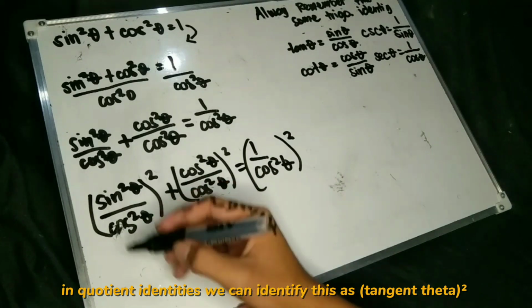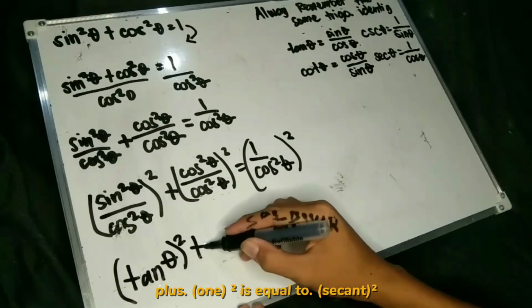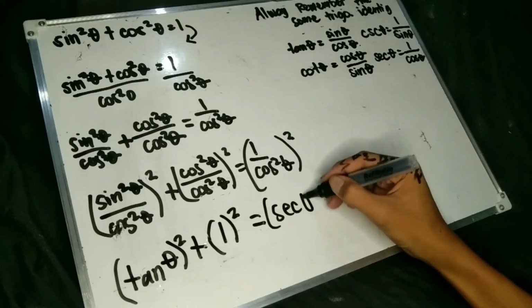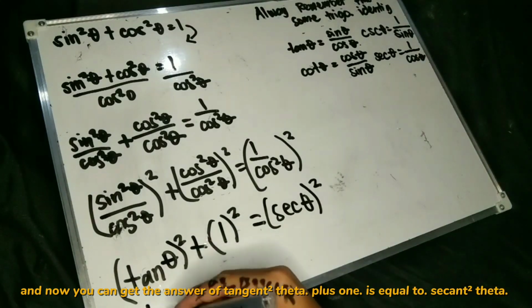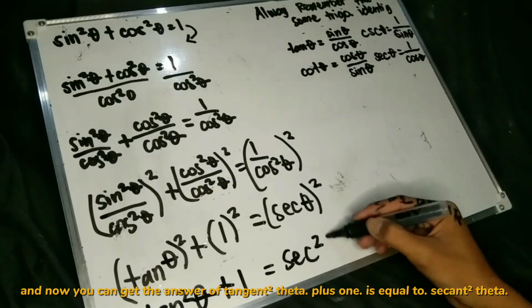In quotient identities we can identify this as tangent squared theta plus 1 is equal to secant squared theta. And now you can get the answer: tangent squared theta plus 1 is equal to secant squared theta.